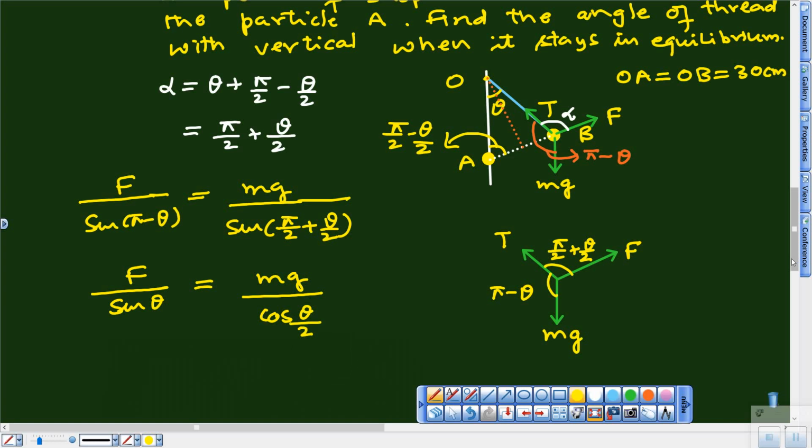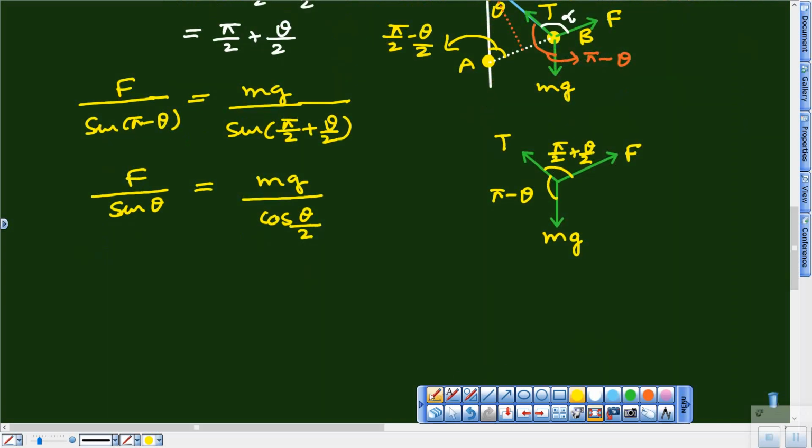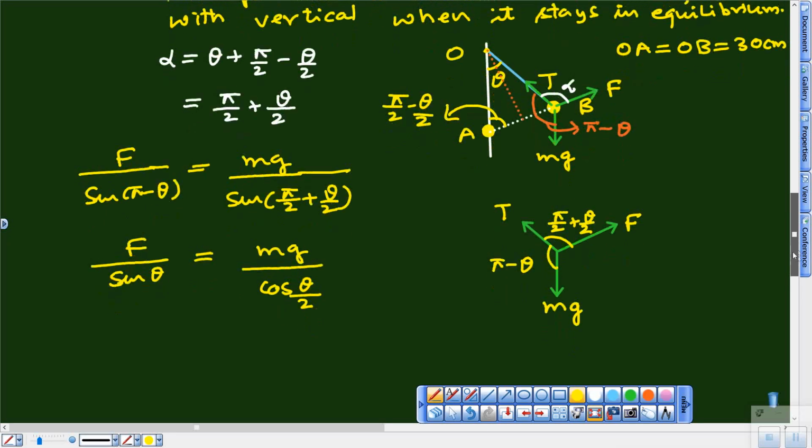Now it is time to put in the value of force F. Force F is the Coulombic repulsion between these two charges, and the distance between them, that is AB, I can find by taking half of the distance between A and B and then doubling it. Let's call OA and OB as L. So this is my L and this is also L. Half of the distance between A and B would be L sine theta by 2, so AB would be 2L sine theta by 2.